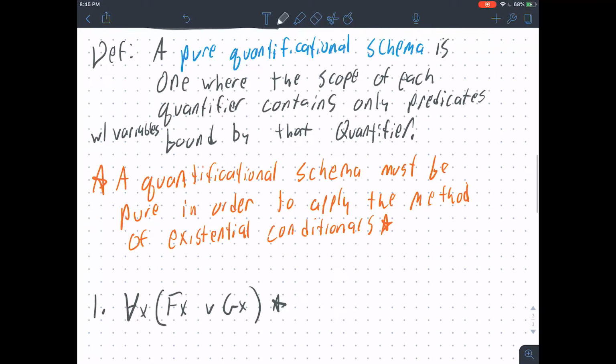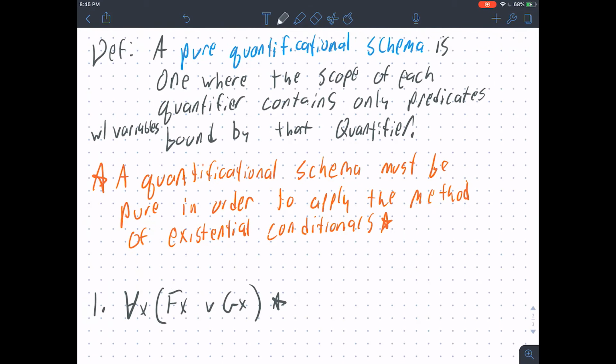Anyway, looking at number one, the scope of this quantifier is just what's in the parentheses. The quantifier binds the variable x, and each of these predicates in the scope of the quantifier only contains an x. So the only predicates inside the scope of this quantifier are ones with the same variable that the quantifier binds.